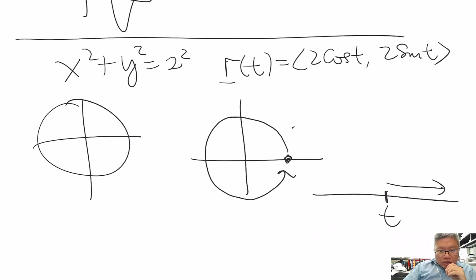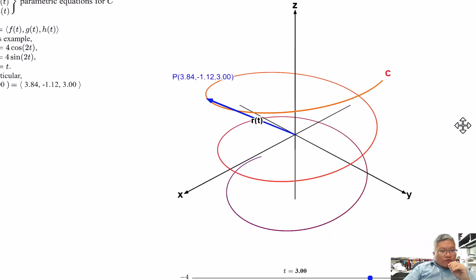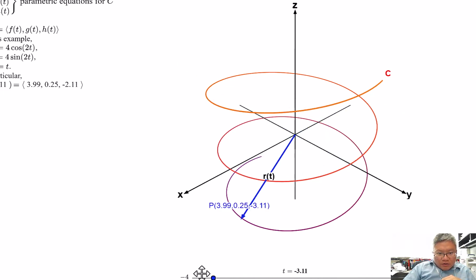Finally, since we are here, I just want to show you some of the demonstrations that we have. You can see there's a slider at the bottom. If you slide this, let's start from -4 and keep on increasing the t value. You can see that this is a type of function. The output is the position vector r(t).